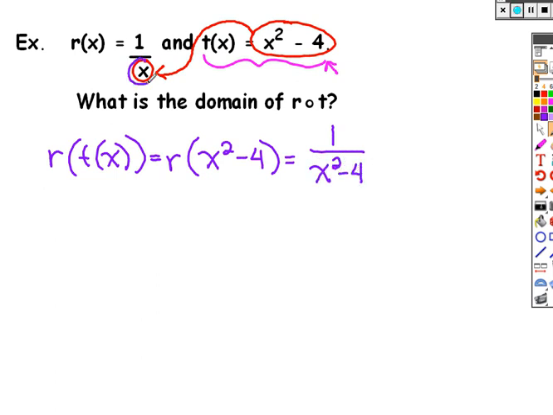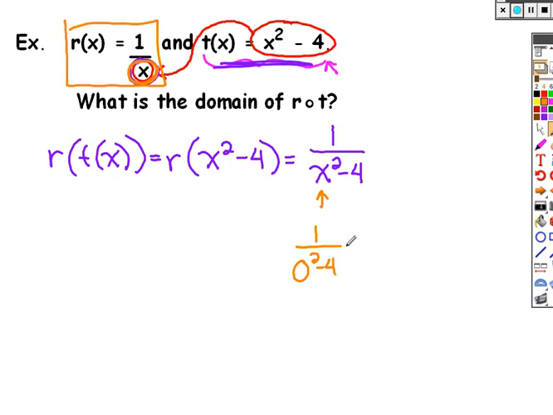I'm going to replace the denominator there with x squared minus 4. And this is my composite function. So, okay, originally I didn't have any problems with function t. Now, you might be thinking, if I just looked at function r by itself, I might be tempted to say x can't equal 0. But careful, for the composite function, if I plug in 0, is 0 okay?